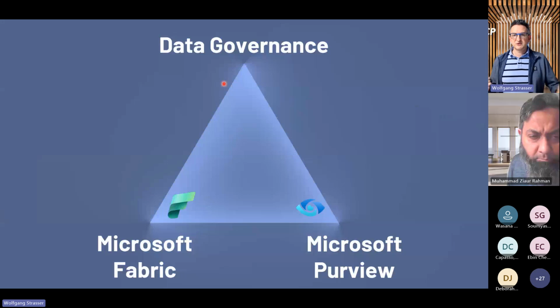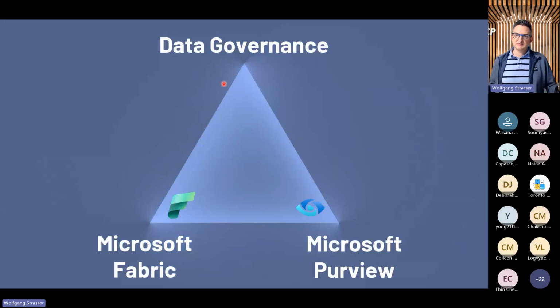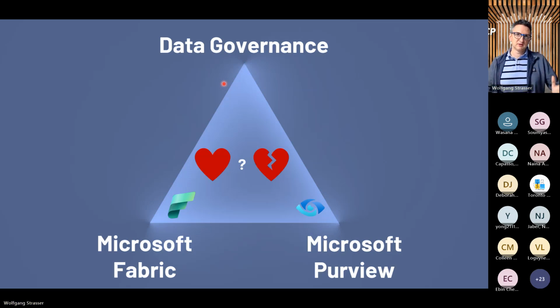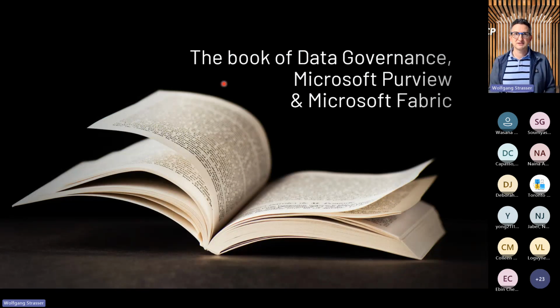And with that, today's topic, as I said, data governance with Microsoft Fabric and also with Microsoft Purview. And the big question is, do they work together? Is it a love or a love-hate relationship? Within the next 55 to 60 minutes, I would like to guide you through the book of data governance, including the chapters of Microsoft Purview, Microsoft Fabric, and how they work together.